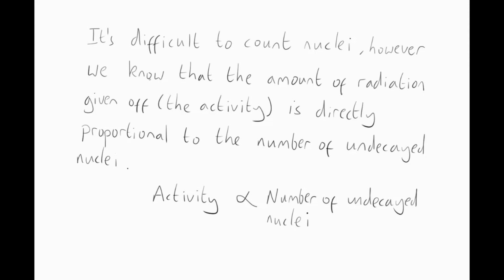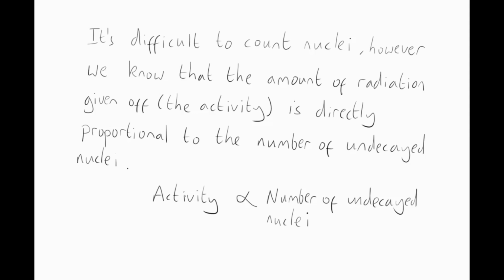However, we do know that the amount of radiation given off, in other words the level of radioactivity, is directly proportional to the number of undecayed nuclei. So the level of radioactivity, in other words how much activity we're getting every second, is proportional to the number of undecayed nuclei. Counting the number of undecayed nuclei is very, very difficult, but measuring the level of radioactivity is very, very easy.